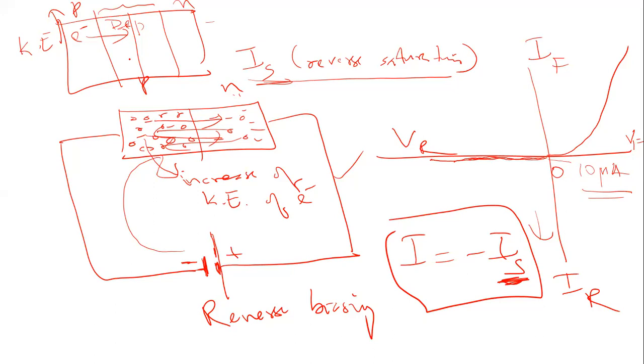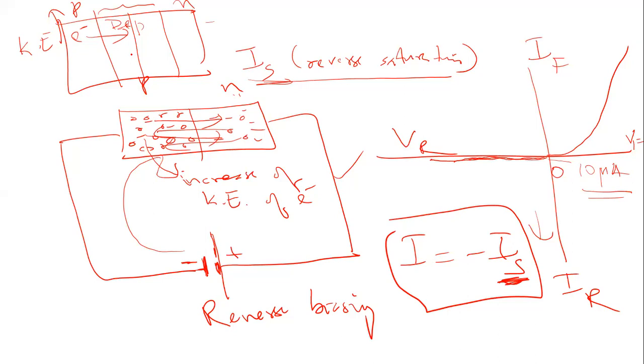When you increase the reverse voltage to a very large value, the kinetic energy transferred to those atoms will be sufficient to result in a breakdown of covalent bonding.